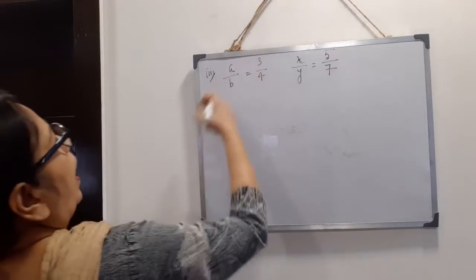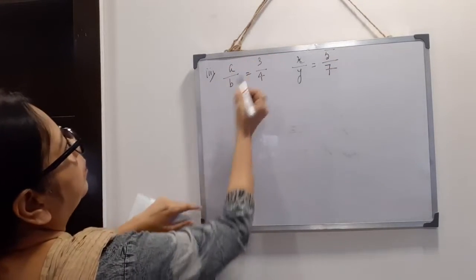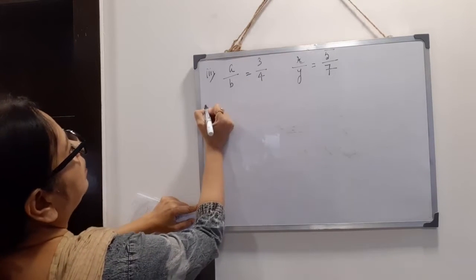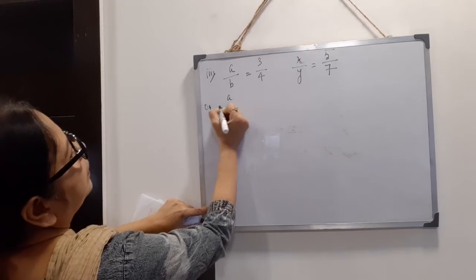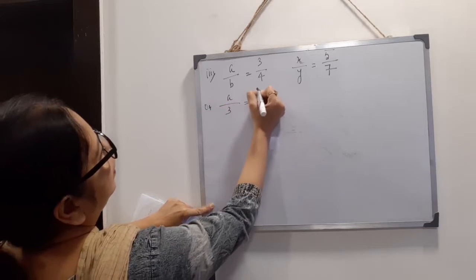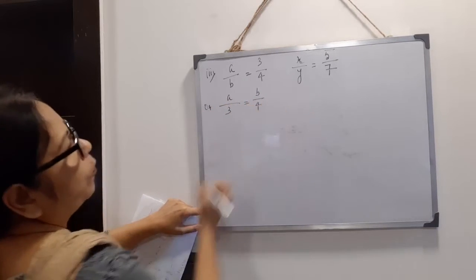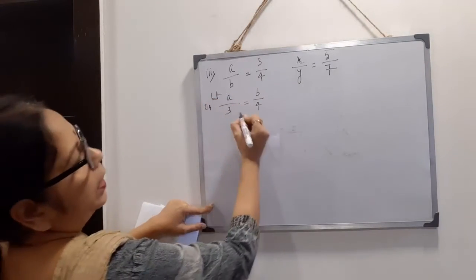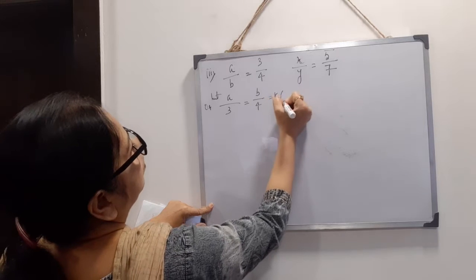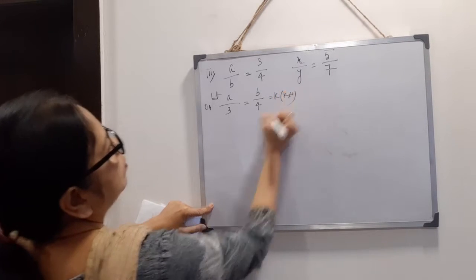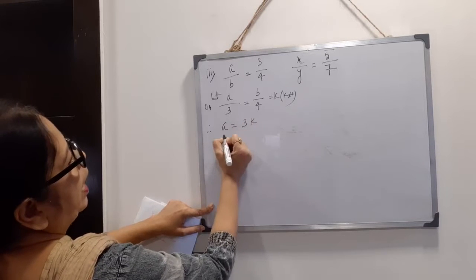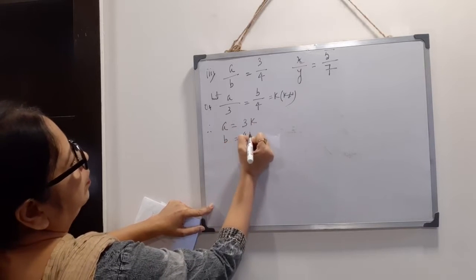Here I will apply the property of alternendo. That means here I will bring 3, or I can write this in this form: a by 3 equals b by 4. Clear? By alternendo. And after this we will consider let this equal to k, where k not equals 0. So from here we will get value of a 3k and b 4k.